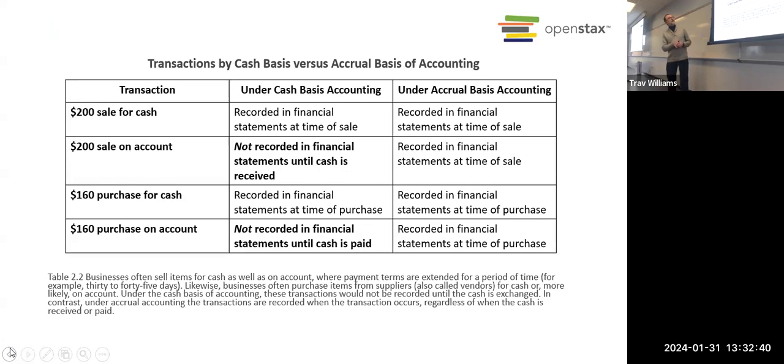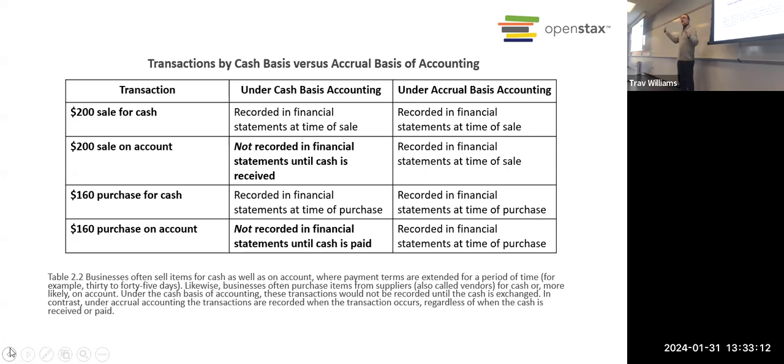All right. So this table really shows the difference between the two methods. There's a lot of information here. So just to emphasize, let's say a customer made a purchase and they paid for it at the same time. Well, then it really wouldn't matter whether you were using the cash basis or the accrual basis, because you would be recording both the payment and the sale at the same time, because that's when the customer paid.